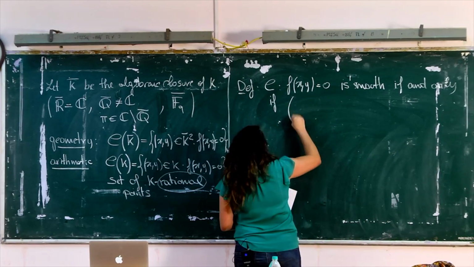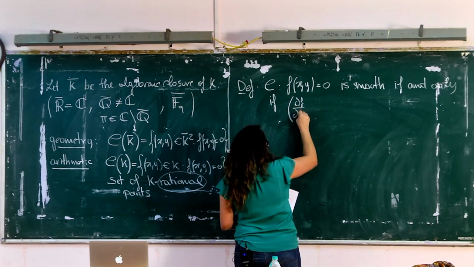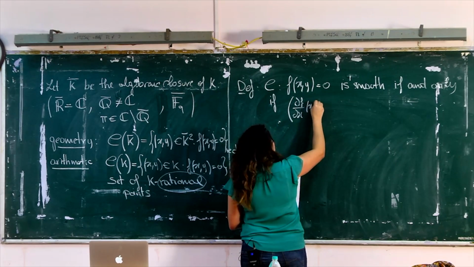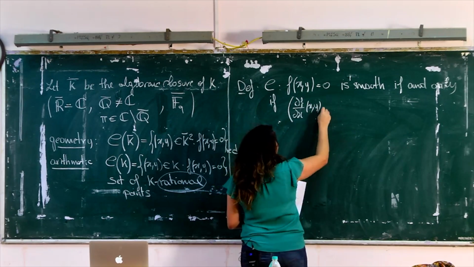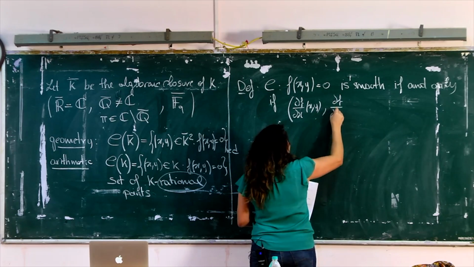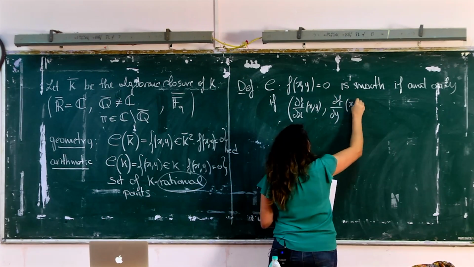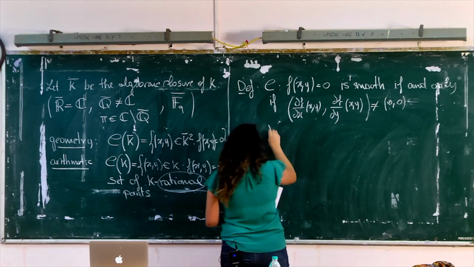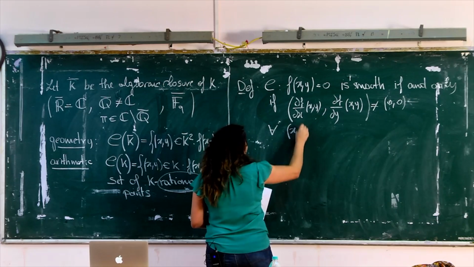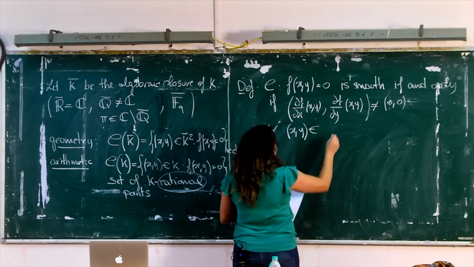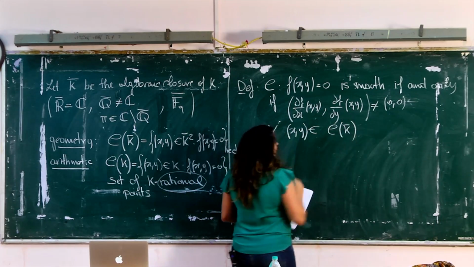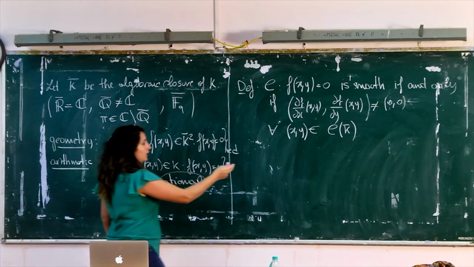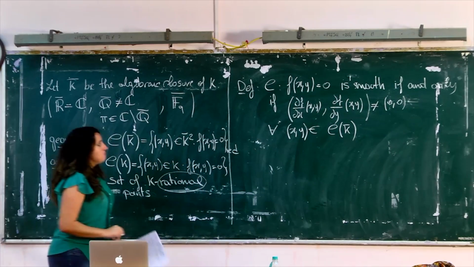So the partial derivative of f in x computed in the point x, y, and the partial derivative of f in y computed in the point x, y is different from 0, 0 for every point x, y belonging to the curve, so with coordinates in the algebraic closure. Okay? So this is the definition.